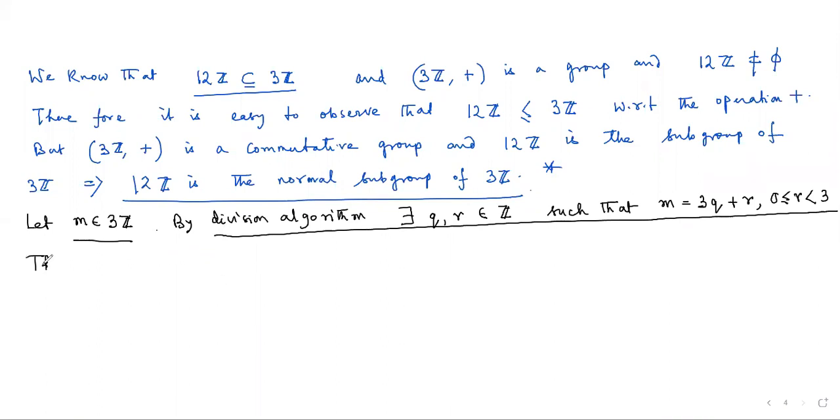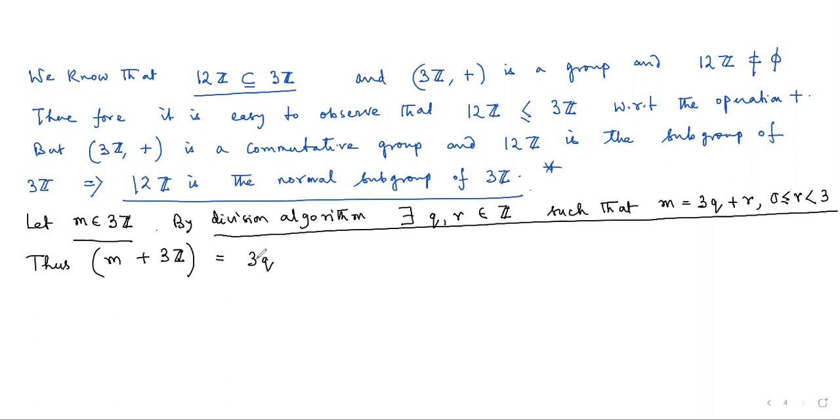Thus, M plus 3Z is actually equal to 3Q plus... I'm going to design the quotient group 3Z/12Z.